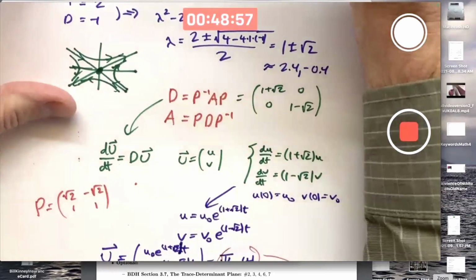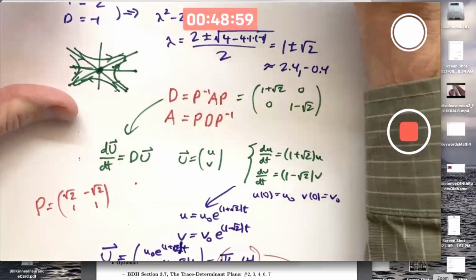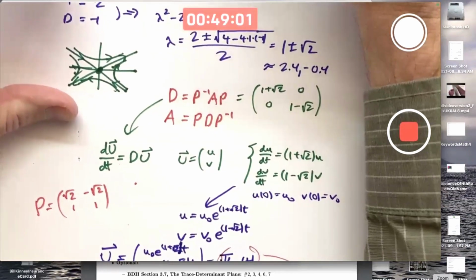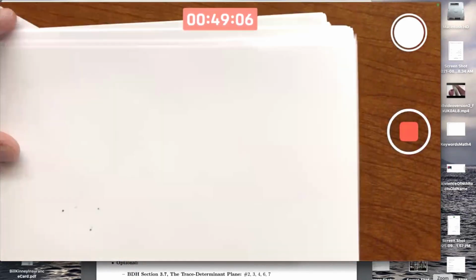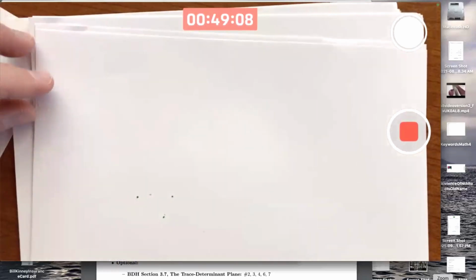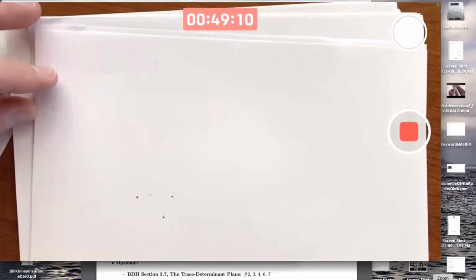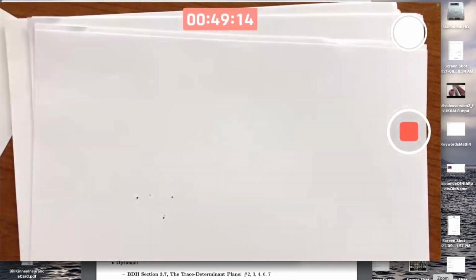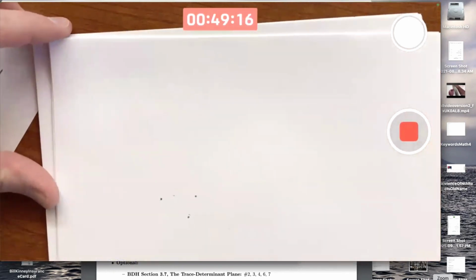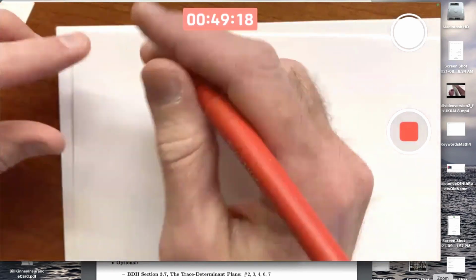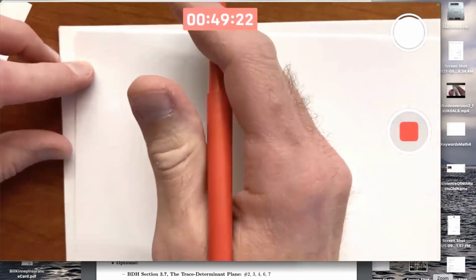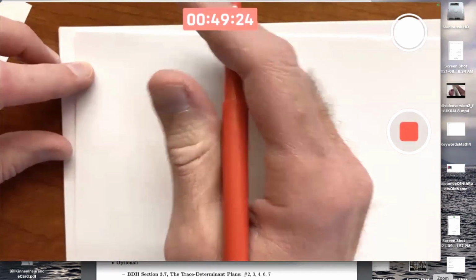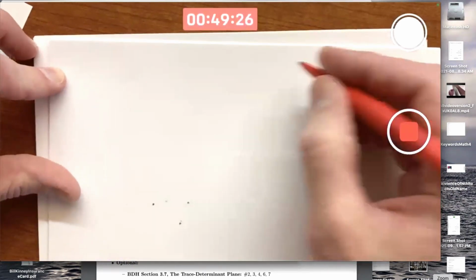Let's write this down by hand in a few different ways. It's probably simplest to think about initially in terms of the actual components. Well, okay, we have to go back to thinking about coordinate vectors, but I'm not going to use the coordinate vector notation.